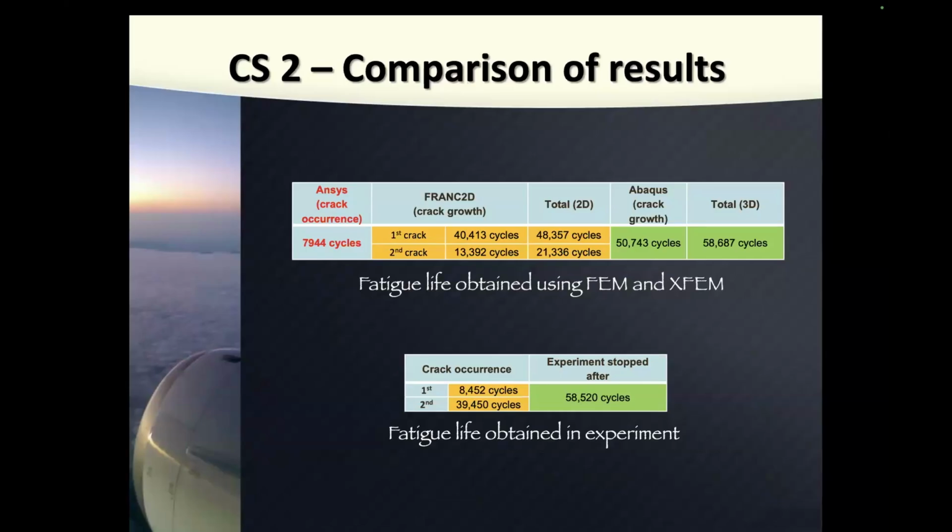Look, 50,000 here compared to 58,000 obtained in the experiment, which is pretty good. The agreement is good especially because I used Paris coefficients which are not my own. I didn't get them through my own experiment. I took them from the internet. And if you use some other experiments, you get different coefficients, which is also my point here.